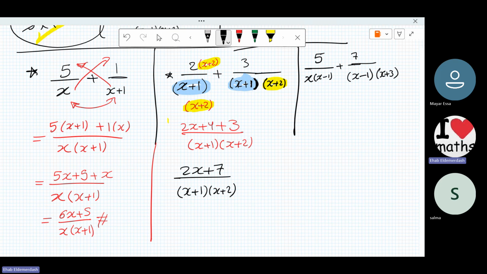My target is to keep the denominator similar. How to make it similar? What is the missing for the first part to be like the second denominator? I have x plus 1 there and I have x plus 1 here. So the remaining for the left one is to be multiplied by x plus 2. If I multiply by x plus 2 down I have to multiply by x plus 2 up.